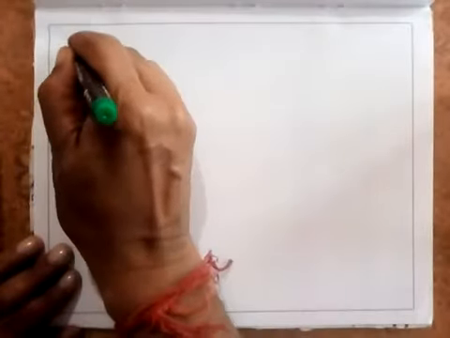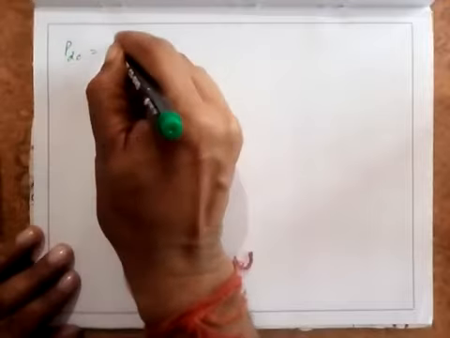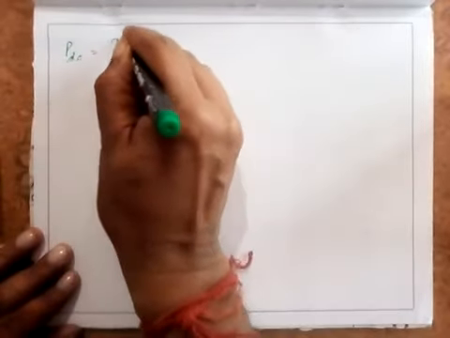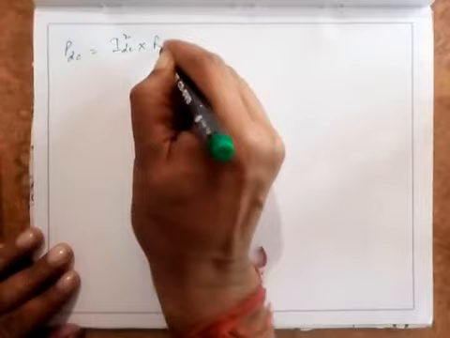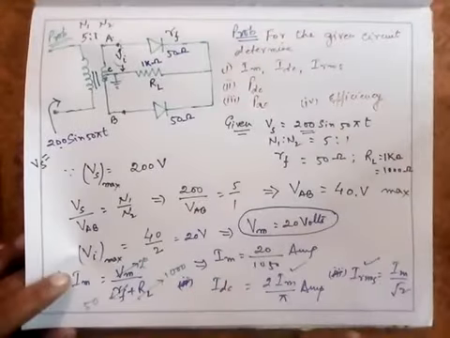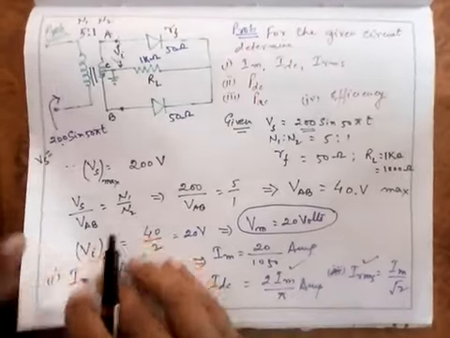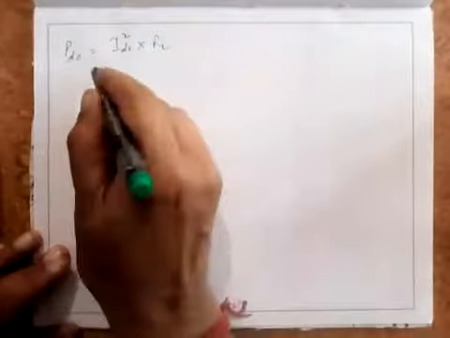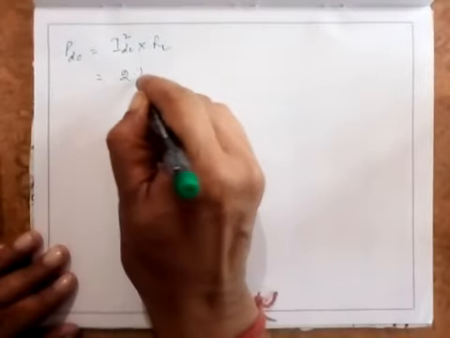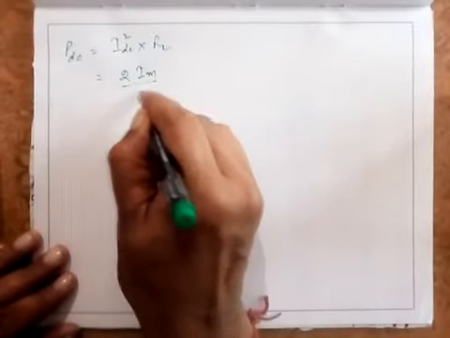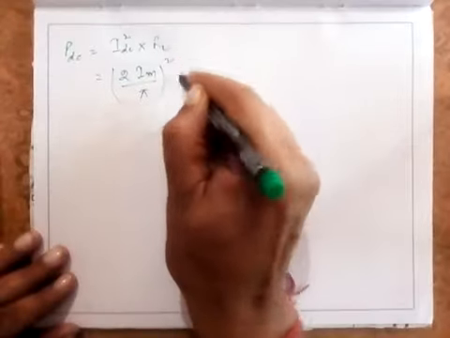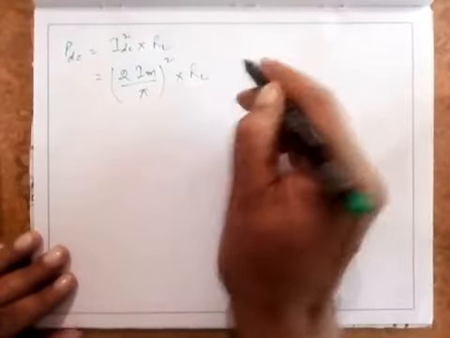The value of PDC is equal to IDC square into RL. IDC I have just calculated: IDC is equal to twice Im by pi. So it is equal to twice Im by pi whole square into RL.